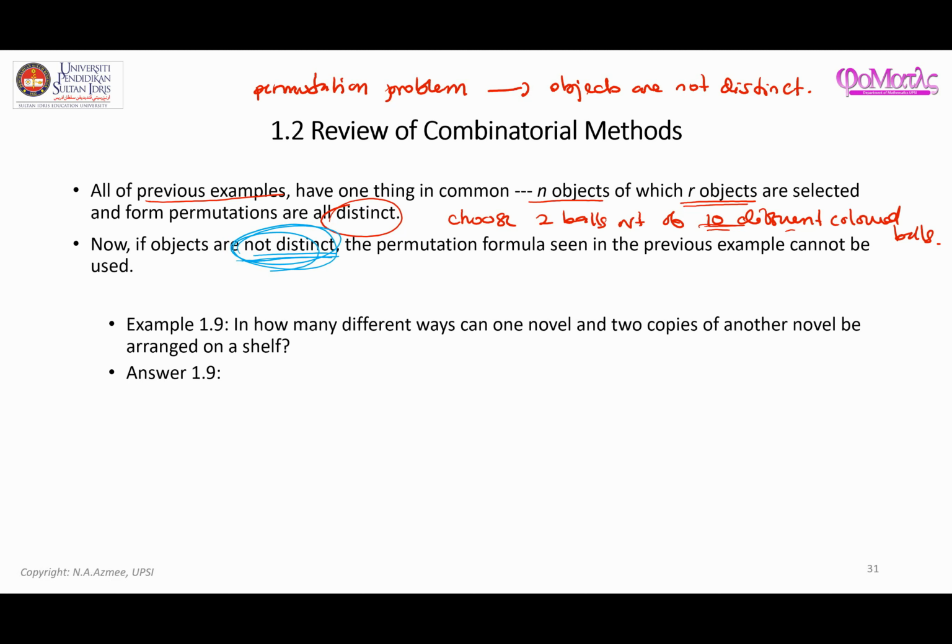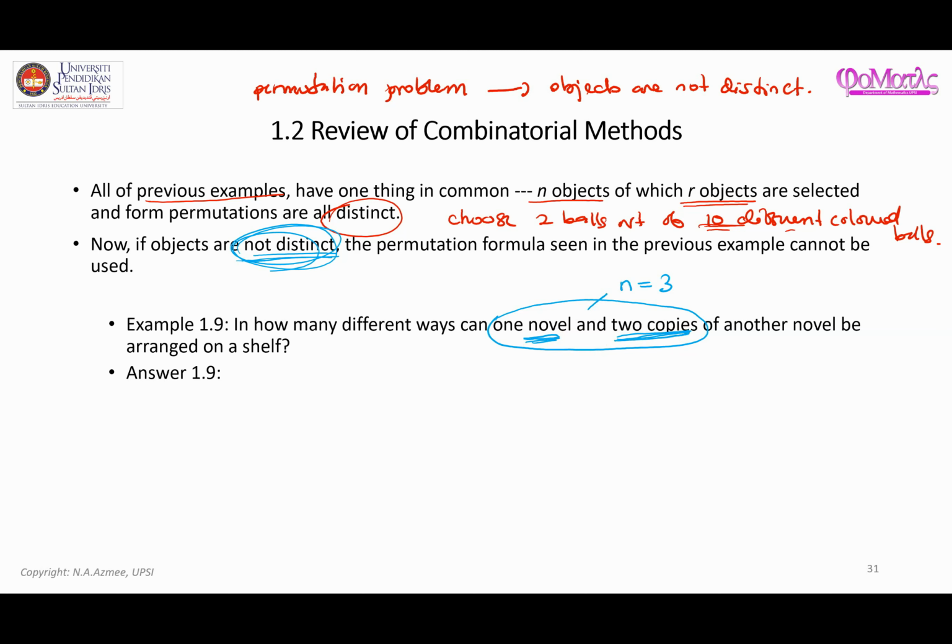In this question, we have a total of 3 novels. We have n equals 3, the number of objects is 3. One novel is different from the other 2 copies.